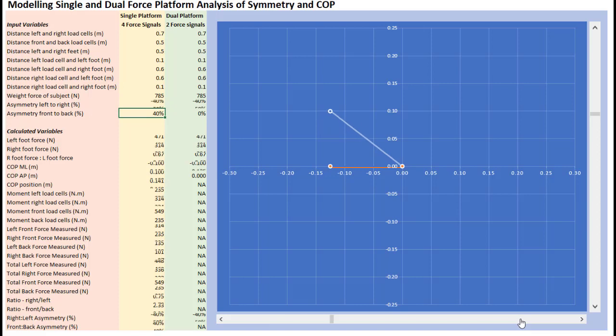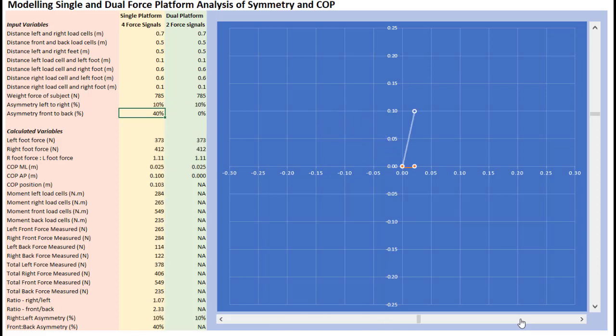Then, as we change further left to right, we can see that the two track exactly identical in terms of the mediolateral asymmetry and shift in weight force, but only the single plate system with 4 force signals can resolve weight shift in the anterior-posterior plane. Now this is important because assessment of the center of pressure and the shift in the center of pressure is very important.